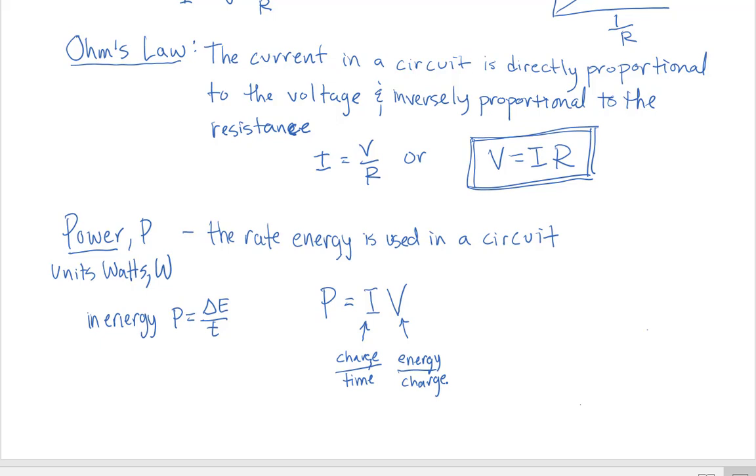So if you took charge per time and multiplied it by energy per charge, you can see that the charge is going to cancel out because you have a charge on the top and a charge on the bottom. So if you multiply those together, you're actually going to get energy divided by time, which is exactly the same kind of thing that we were talking about in the energy unit. So even though current times voltage doesn't seem like it's the rate that energy is used, it actually is. So that is our mathematical model for power.